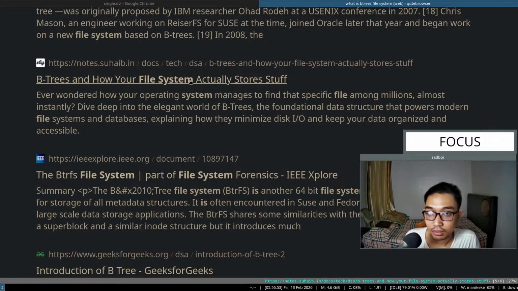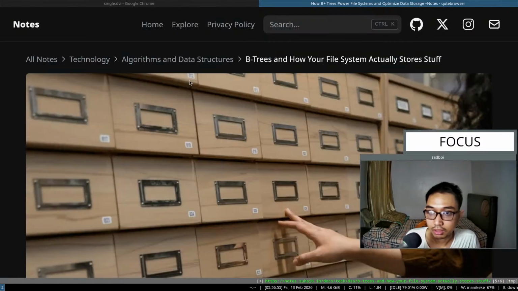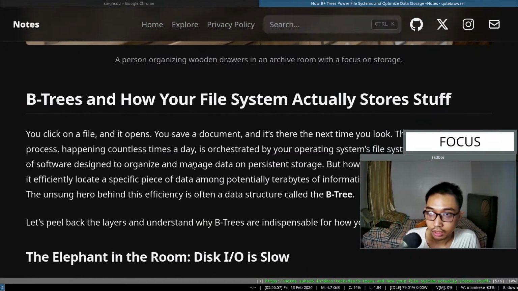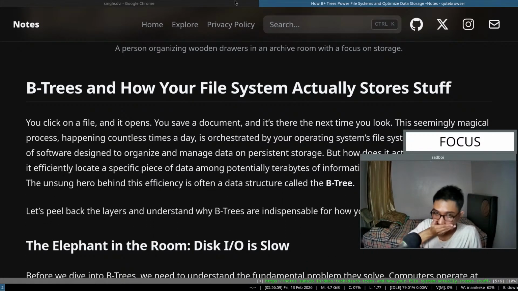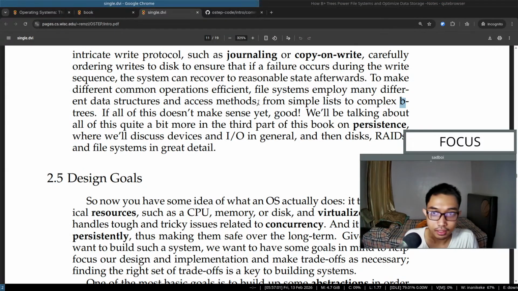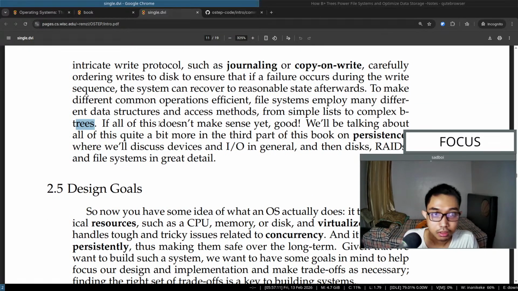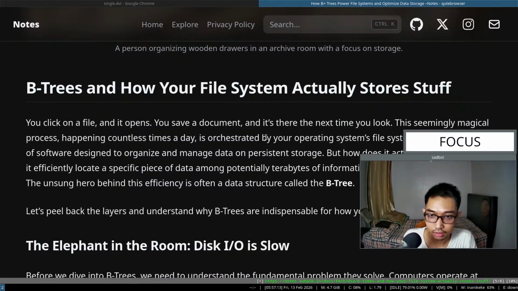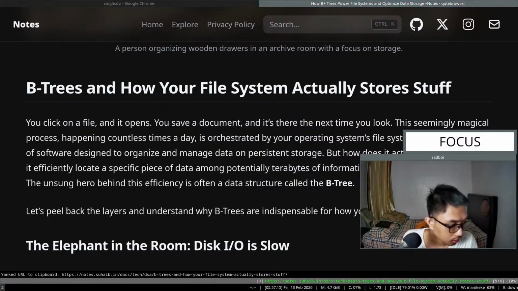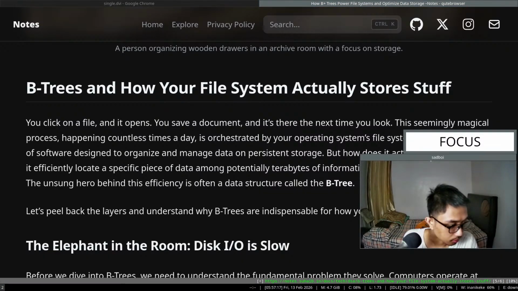And how your file system actually stores stuff? Okay, so the book mentioned P3s, and I'm kind of curious what P3s is. Let me copy this in the chat.